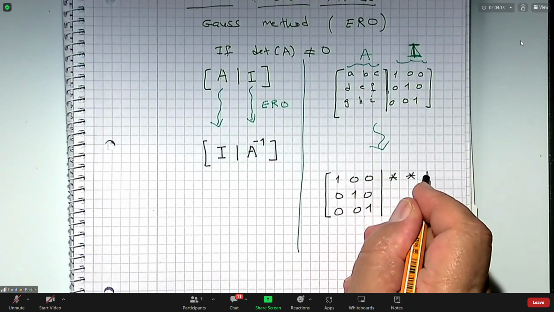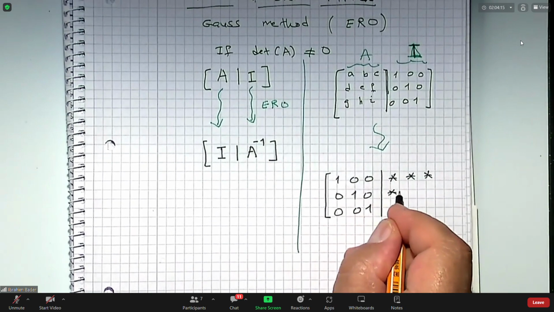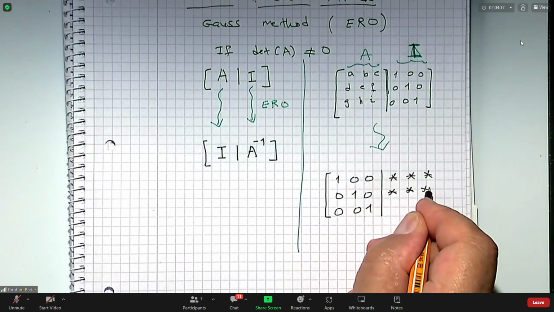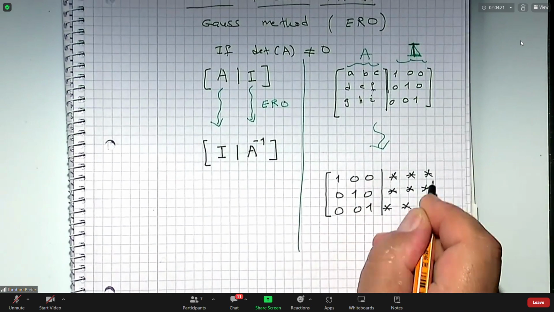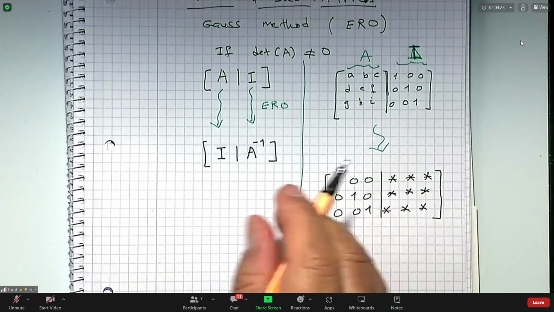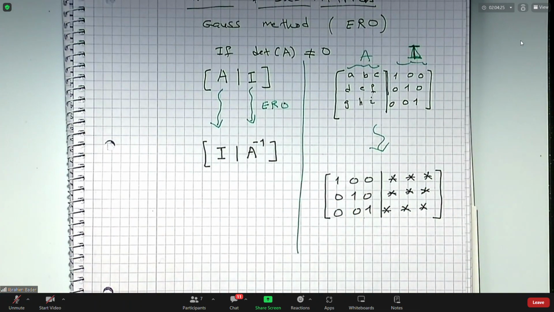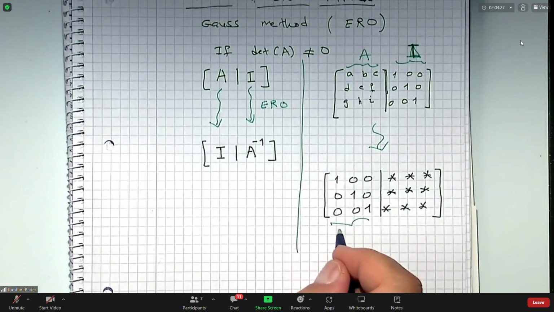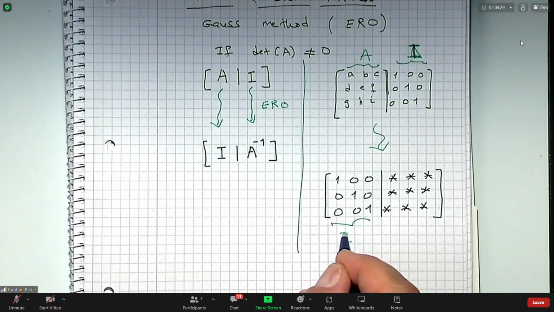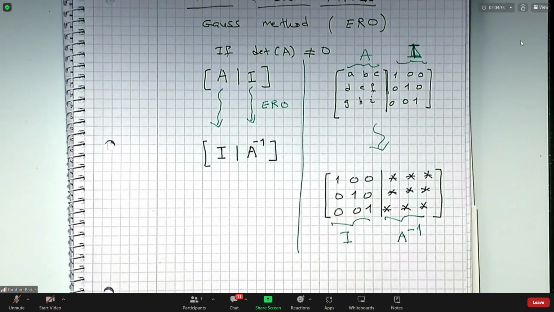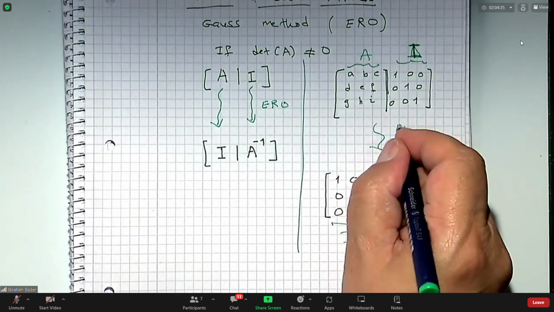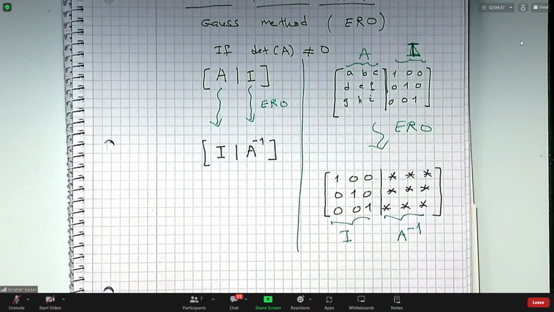So I will be having a 3 by 3 matrix, and let me just put an asterisk to mean it's a variable, it's anything. And this is obviously the identity. So I managed to get it in this form, the identity, and this one here is going to be the A inverse. The elementary row operations are of course applied to get there.